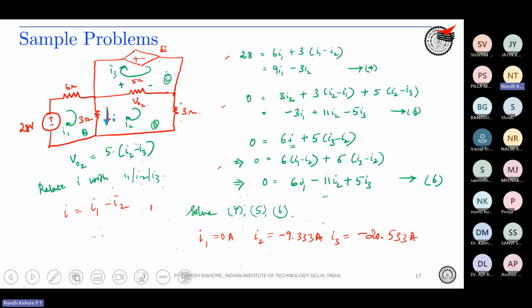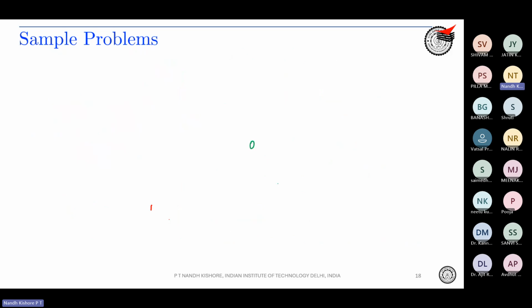Fine. Now that we have I1, I2, I3, we will substitute in the expression for VO2.